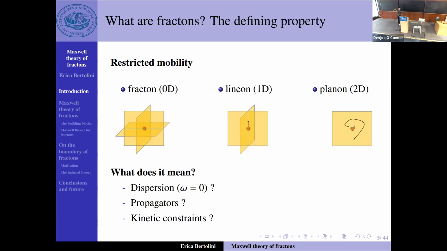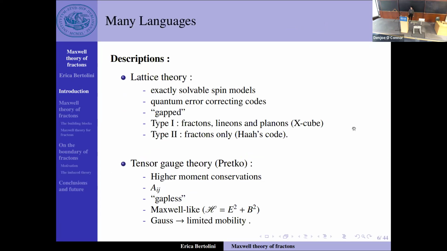From a quantum field theoretical point of view, one can think also of something that does not propagate, so in a sense it has trivial propagators. Or it can be a particle with some kind of kinetic constraint on its motion. So in this sense, there are different languages that can be used to describe fracton quasiparticles.